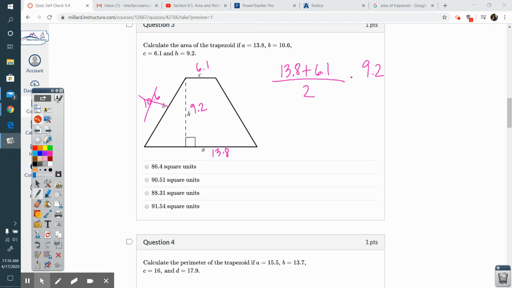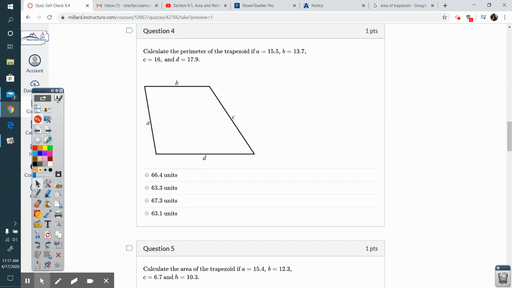And you can just plug that in a calculator. So 13.8 plus 6.1 is 19.9. Divide that by 2 and you get 9.95. Multiply that by 9.2 and you get 91.54, which is right here. So just use your calculator to solve, but you can see they gave us extra information. We needed the two bases added together, divide by 2, multiply by the height.